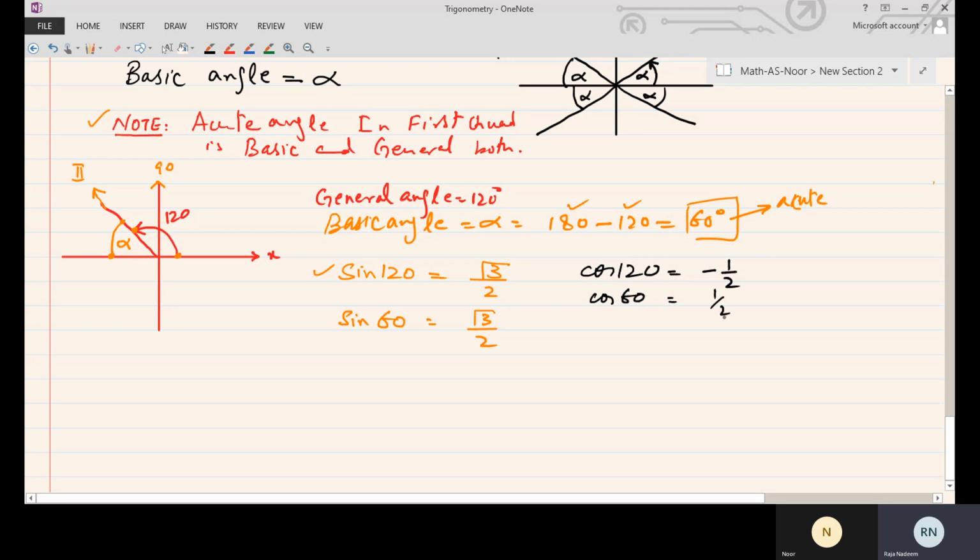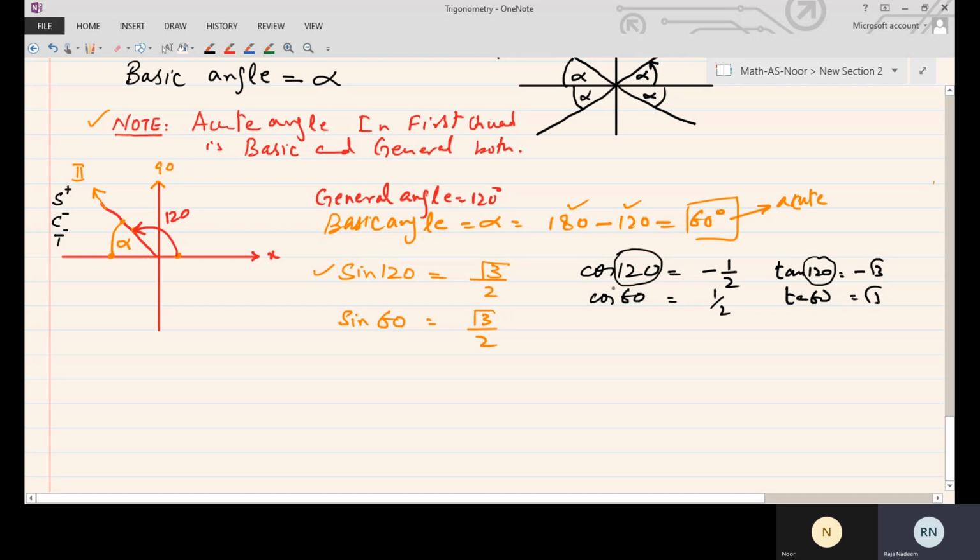1 over 2. Okay, this is second quadrant, and we have learned that in second quadrant sine is positive, cos is negative, and tan is negative. So for the value of tan of 120 and tan of 60, we get this value, under root 3. 120 is a clear angle to get the idea about the second quadrant.